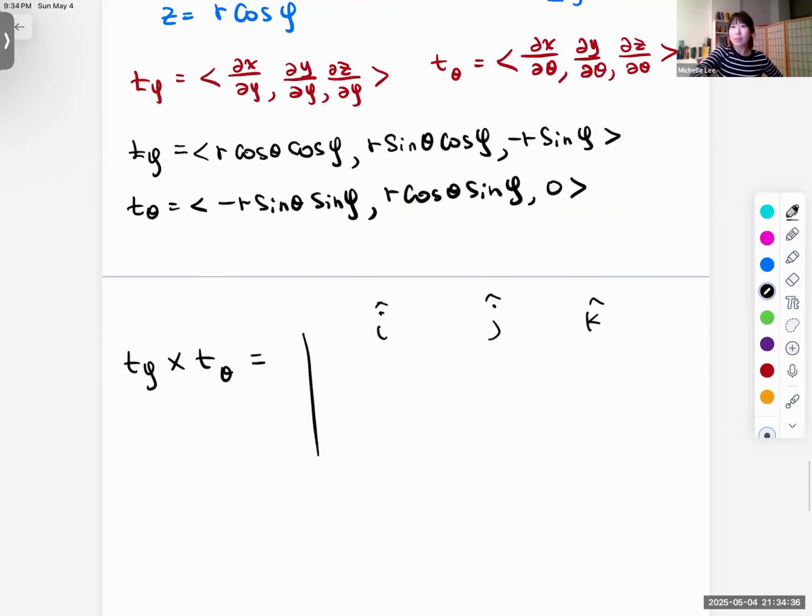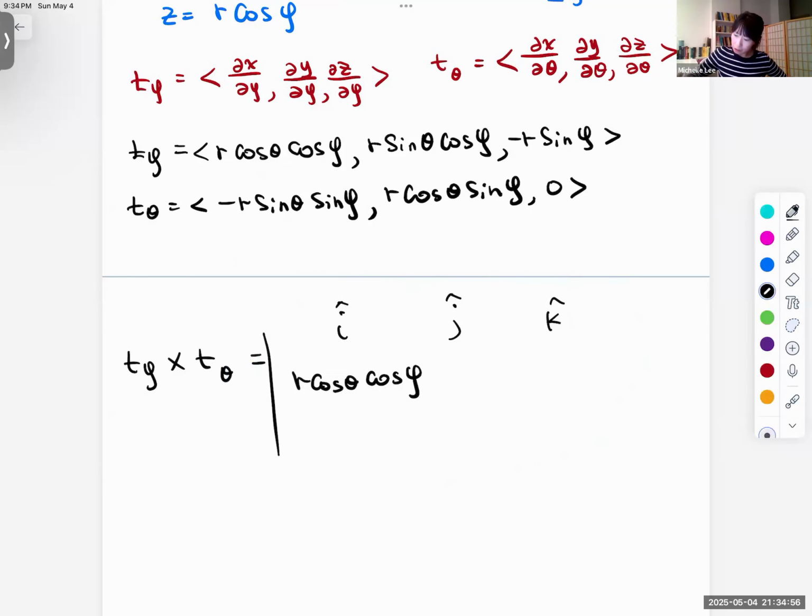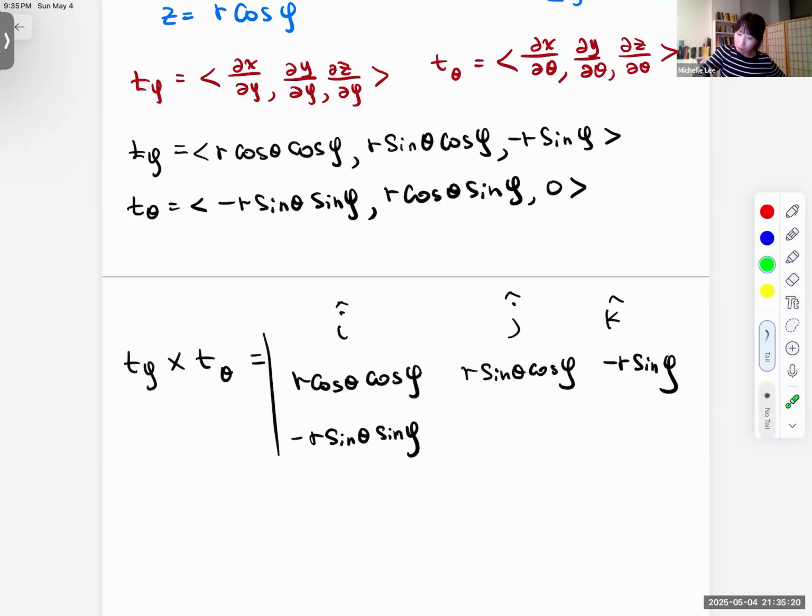We have r cosine theta cosine phi, r sine theta cosine phi, negative r sine phi in the first row. Second row, negative r sine theta sine phi, r cosine theta sine phi, and 0. Luckily we have a 0.